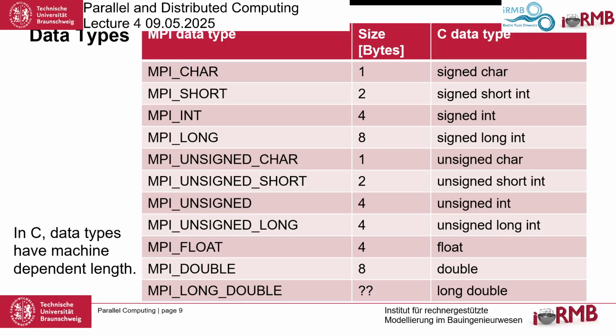Now, right, the data types. You may know, or maybe not, that the C standard does not actually provide definitions of the size of your data types. The reason is that the C language is supposed to stay as close to the machine language as possible.